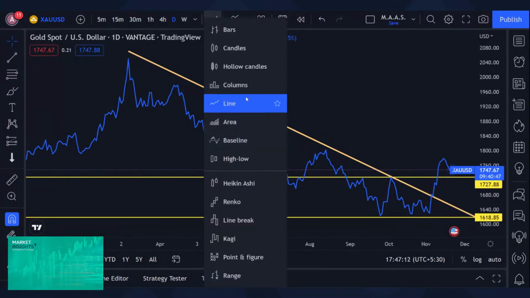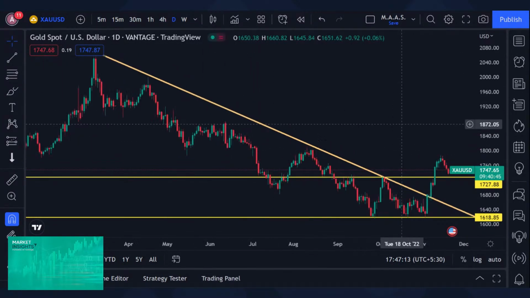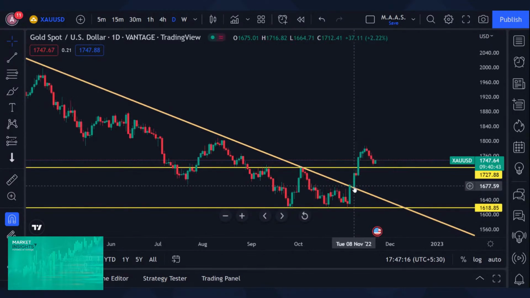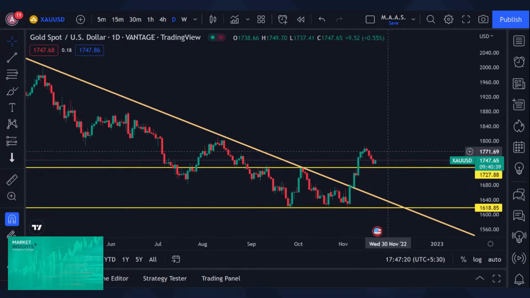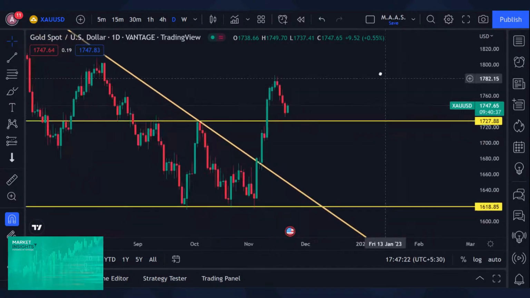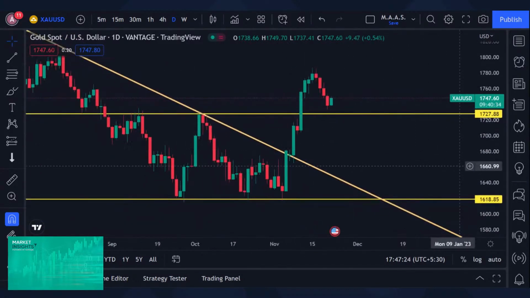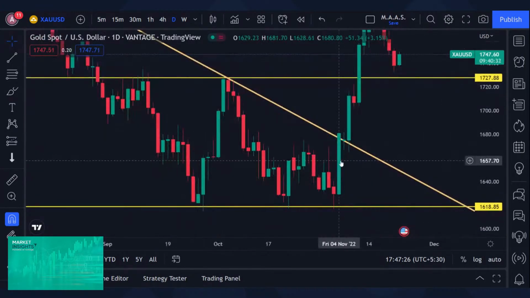If I turn it to the candlestick, you will see how it went above. It took support on this trend line and then went up again. If you zoom in on this, you can see how it went up.